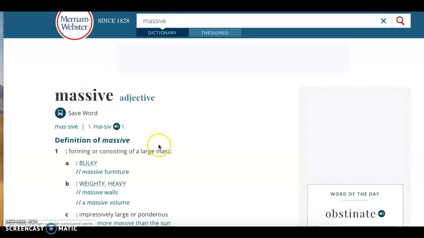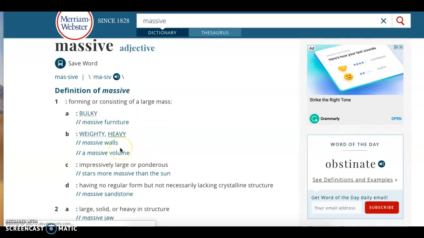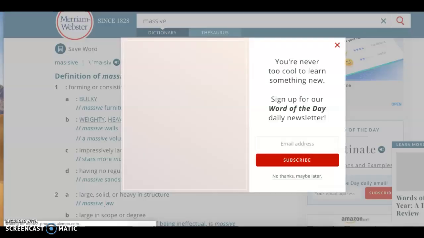It pulls up telling us that the word massive is a large mass. It means bulky, weighty, or heavy, or it's impressively large. It is just a very, very huge object. So the word massive is just another word for large.